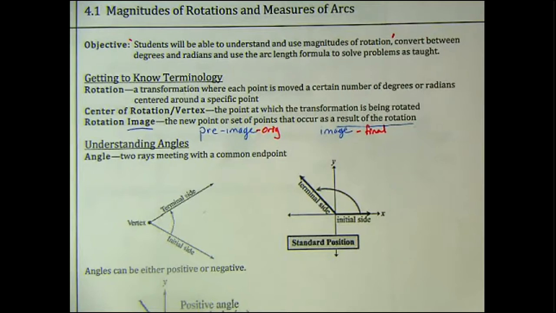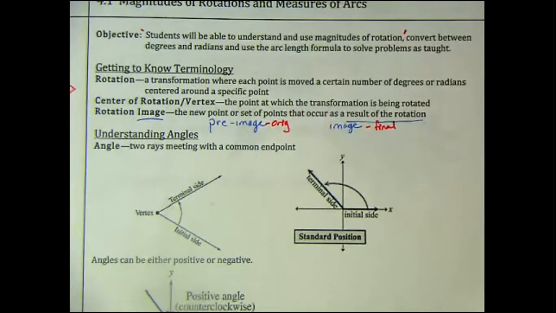Okay, so let's take a look at the following. It says understanding angles. When we talk about angles, we want to remember a little bit of geometry, because the first time you were introduced to trigonometry was in geometry. We had a whole chapter on it. It was incredibly important that you understood it.